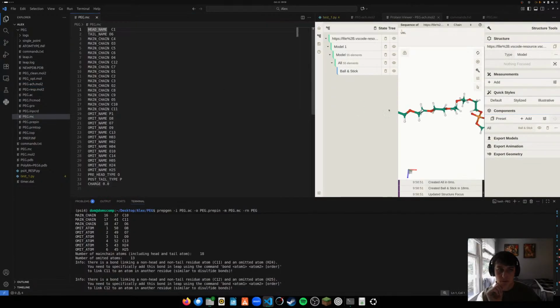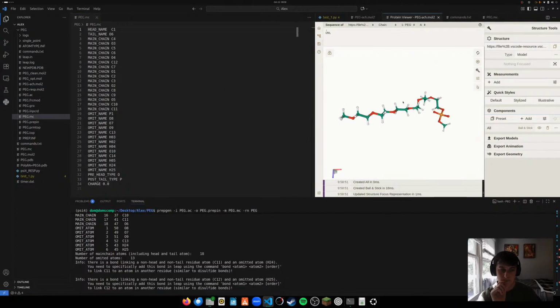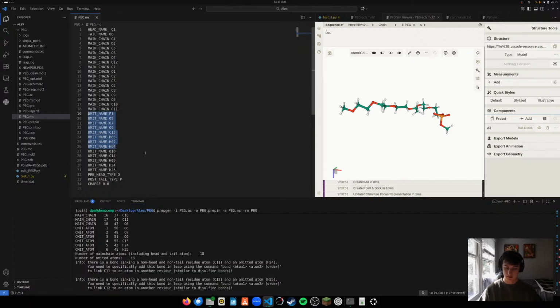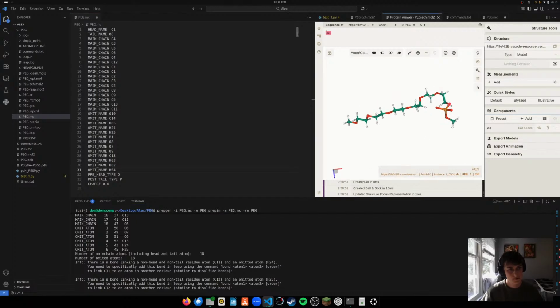To redo the main chain file based upon these names, potentially. This is C1. This is O. Okay. Let's do that then. C1, tail is O6, so that's right.